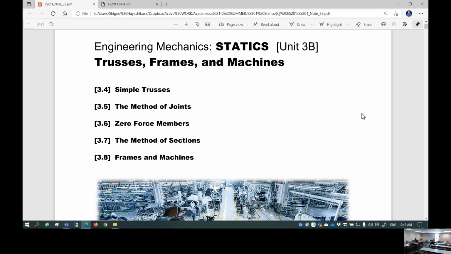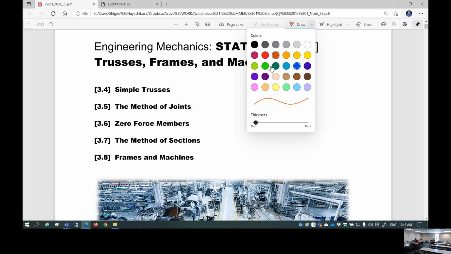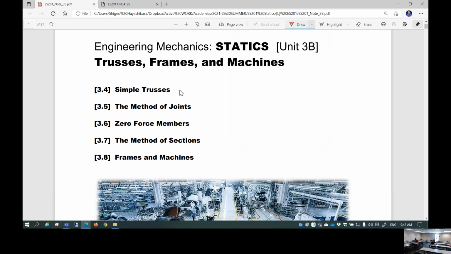So we are going to talk about simple truss. Do we have non-simple truss? Yes, we have non-simple truss, but we're not going to deal with it. We are going to simplify everything. Simple truss means the one key term here: we are going to assume that every truss is created by two force members only.